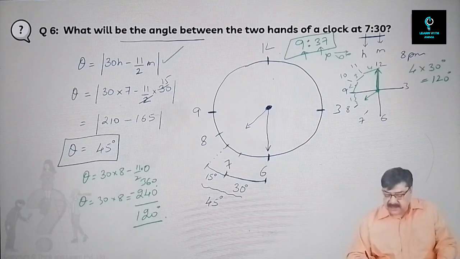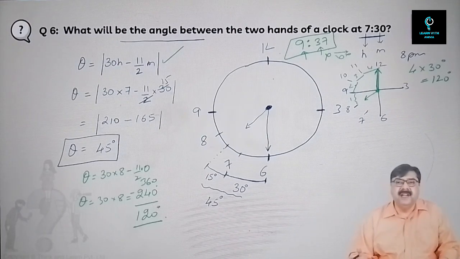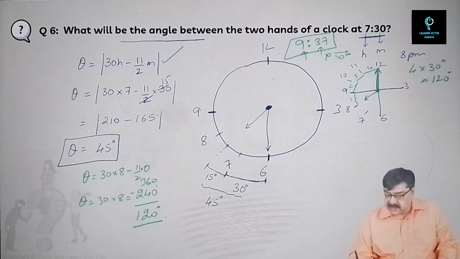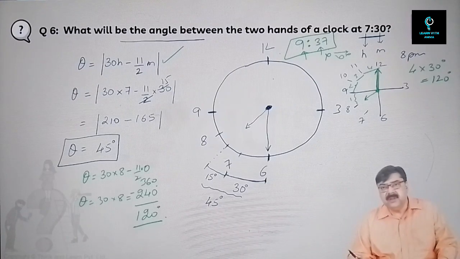So that is why it is suggested that few timings like 8 o'clock, 8:30, 9 o'clock, 9:30 or 6:15, these you can find out using this method, that is manually calculating the degrees of angle between the two hands.